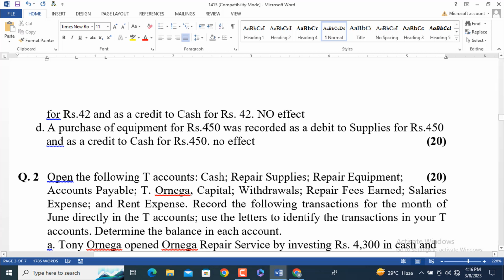One side increases by 450 and the other side decreases by 450, which has no effect on the trial balance, and resultantly we can say that this transaction fails to make trial balance totals unequal.